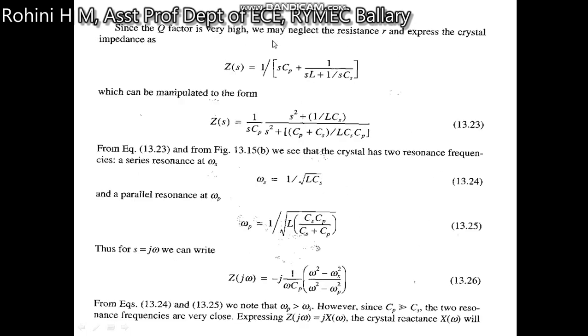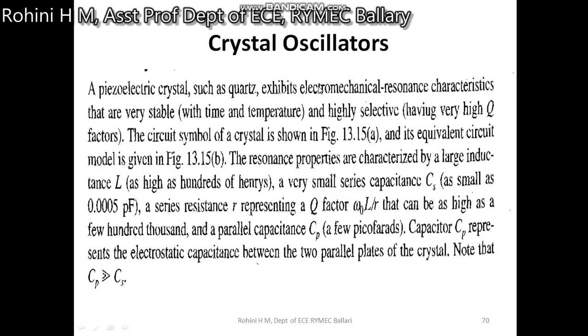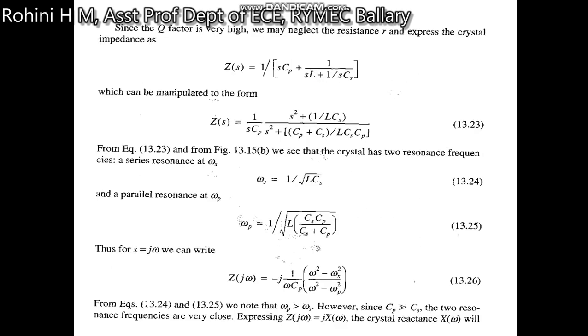Since the quality factor is very high, we may neglect the resistance and express the crystal impedance as Z of S equal to this expression. Again it is simplified to obtain this form.